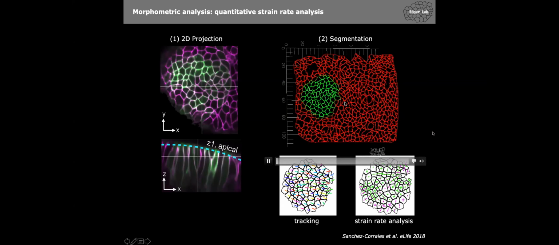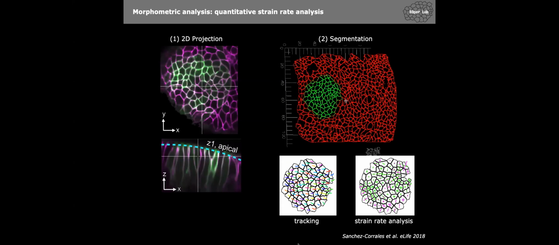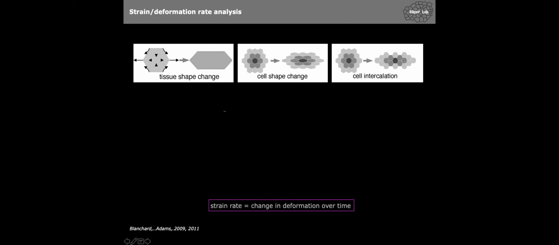And so this strain rate analysis basically analyzes the overall tissue shape change that we can see. How does the shape of the patch of cells that we're interested in change over time? And we know that this is basically coming from two components: changes of the cell shapes of individual cells, and also changes of neighbor connectivity of these cells, so-called cell intercalations.